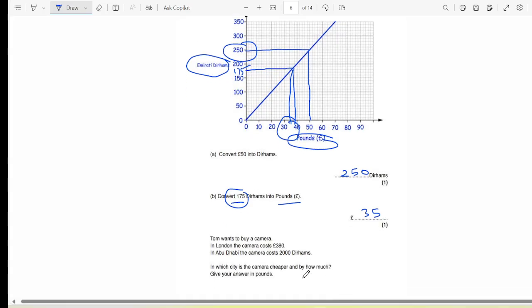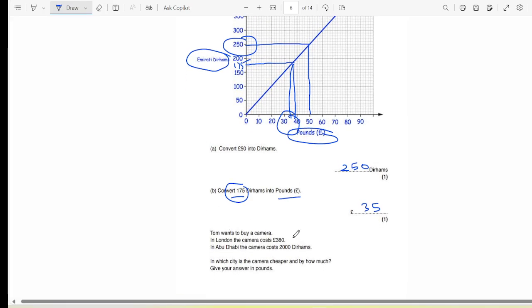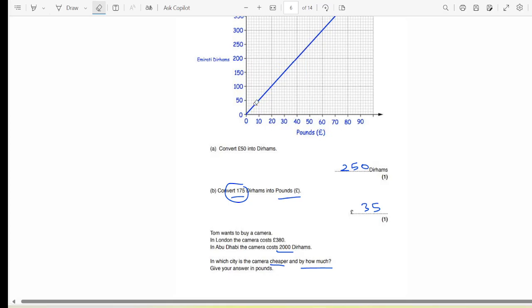Next is Tom wants to buy a camera. In London, the camera costs 380 pounds. In Abu Dhabi, camera costs 200 dirhams. In which city the camera is cheaper and by how much? So let me just make it, it looks a bit messy, so let me clear it. Yeah. So if you see here, this 200 dirhams is equivalent to 40 pounds, right?